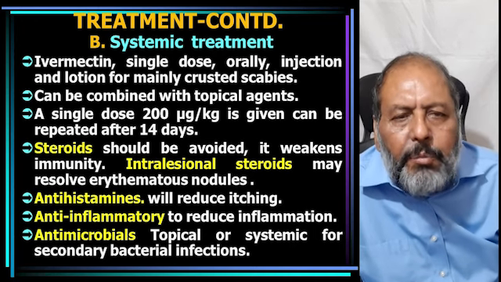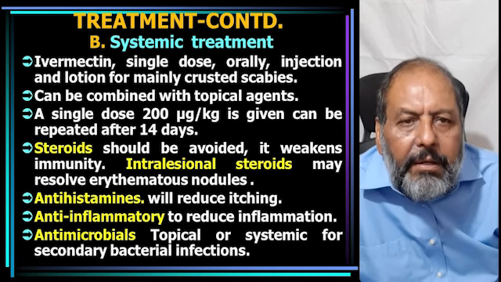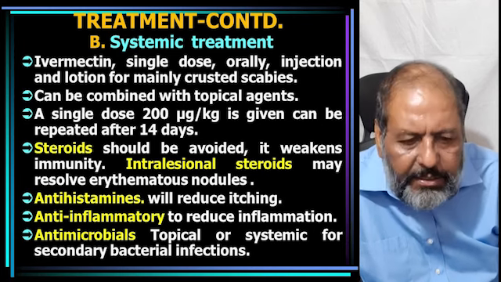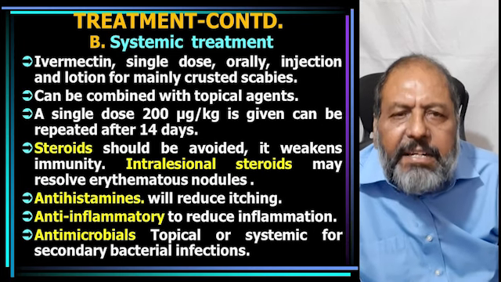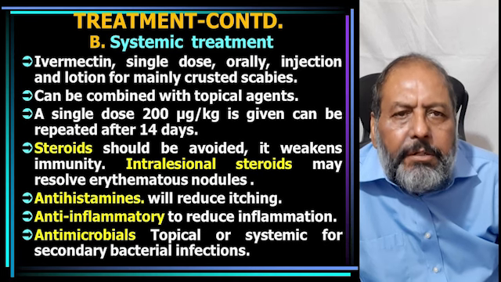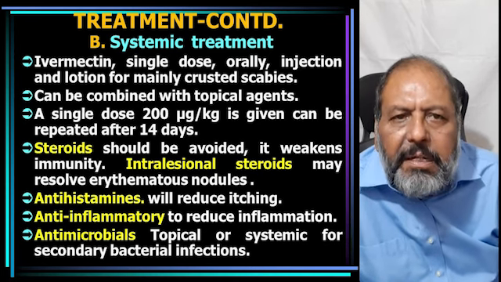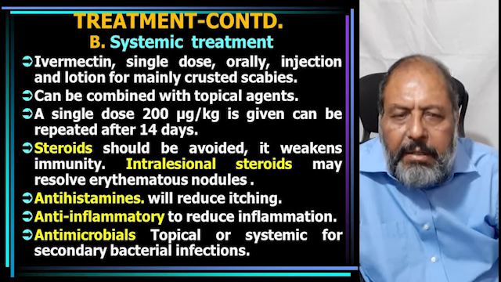Steroids should be avoided as they weaken the immunity, though intralesional steroids may resolve erythematous nodules and are of some help. Antihistamine will definitely reduce the itching, so that is symptomatic treatment. Similarly, anti-inflammatory drugs reduce the inflammation.